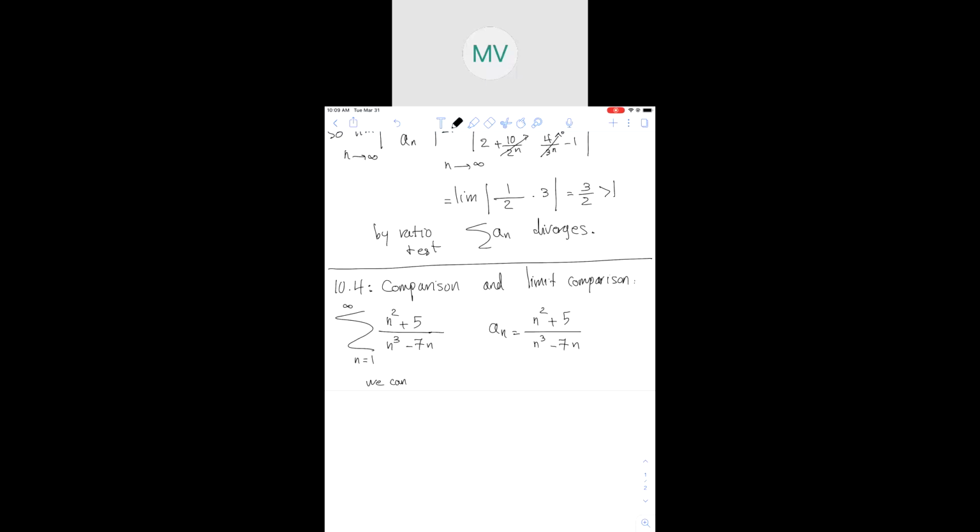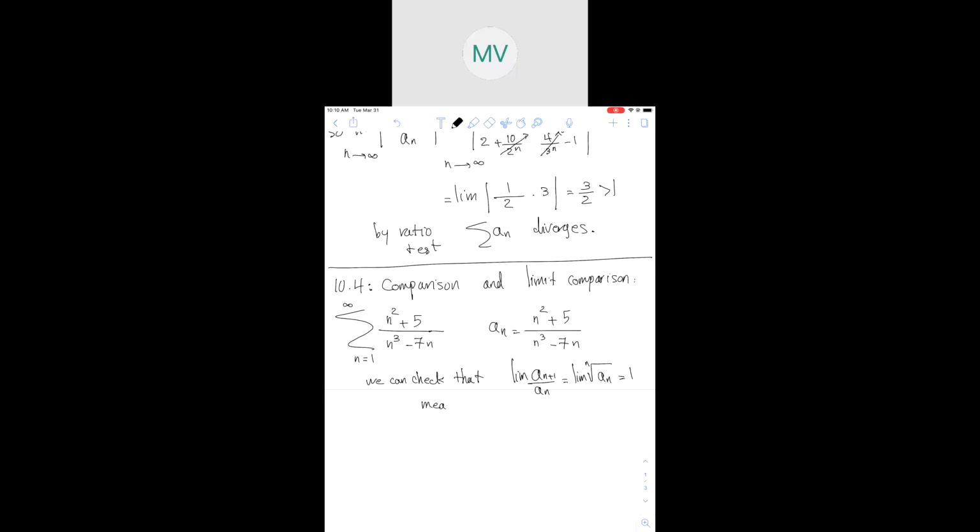We can check that the ratio test and the limit of the root test are both equal to 1, meaning they are inconclusive, right?